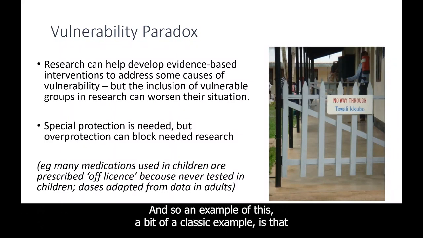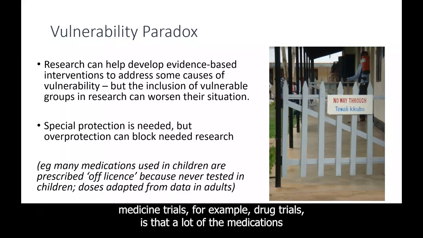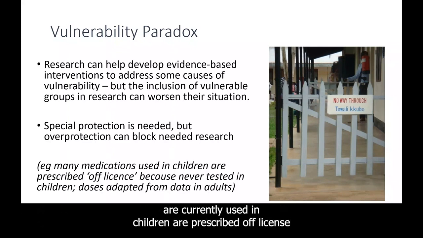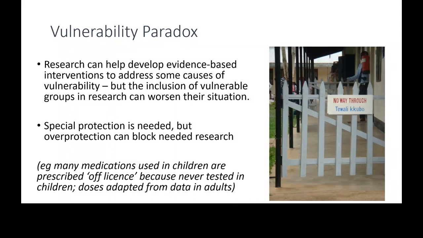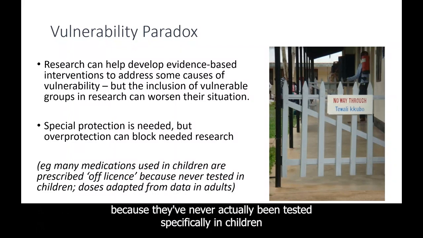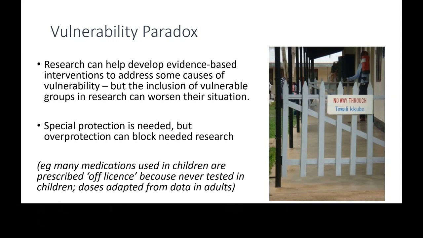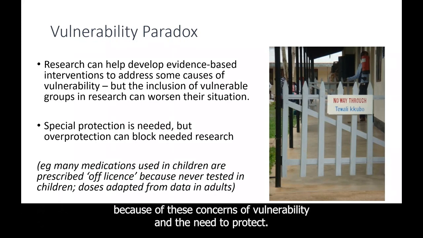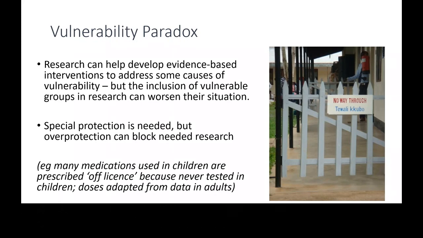And so an example of this, a bit of a classic example, is that concerns around vulnerability of children in medicine trials, or drug trials, mean that a lot of the medications currently used in children are prescribed off license because they've never actually been tested specifically in children, because of these concerns of vulnerability and the need to protect.